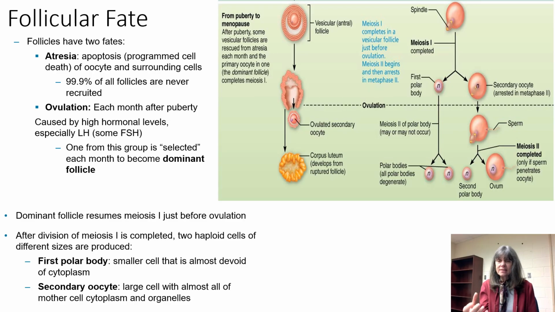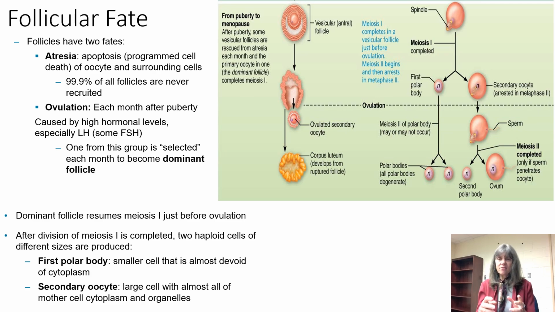That spindle process is a portion of the cell that contains DNA, so that when meiosis 1 is completed, as the DNA is separated, that little spindle forms a first polar body and a secondary oocyte.